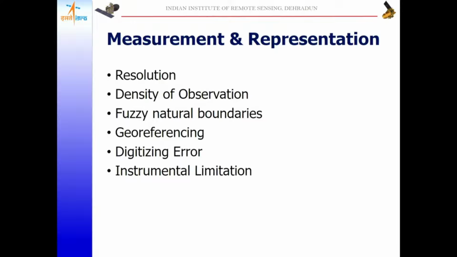At georeferencing, which map projections we are using, all these things we have to see. Then digitizing errors will be there. When we are digitizing, as I told you, overlap should not be there, and the boundaries should clearly meet. There should not be any gaps. This kind of thing we will see. And we also always have instrumental limitations.